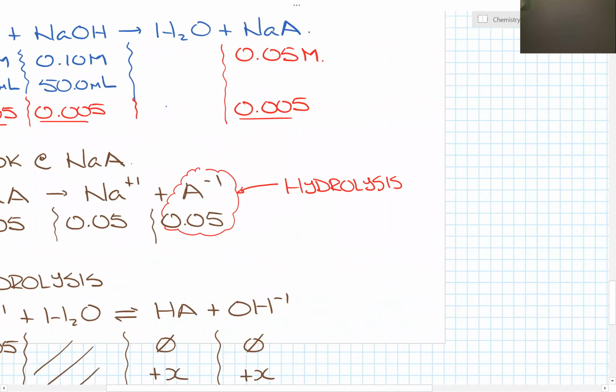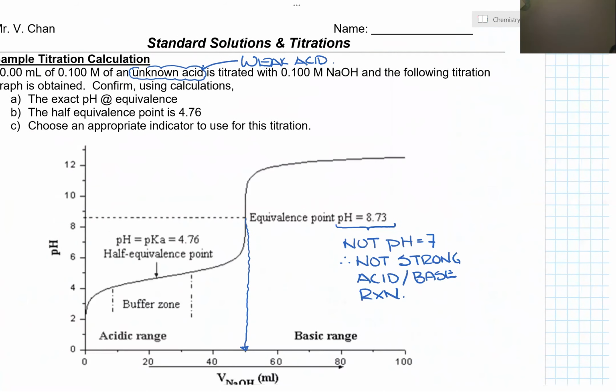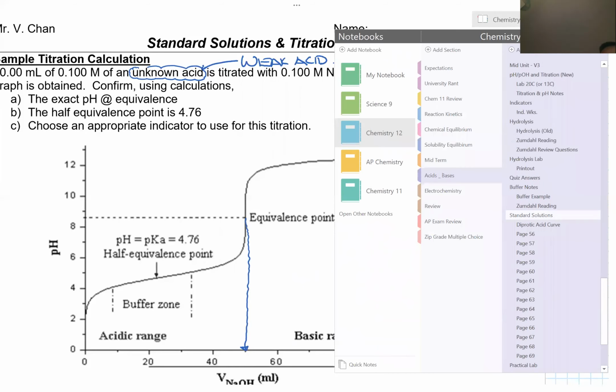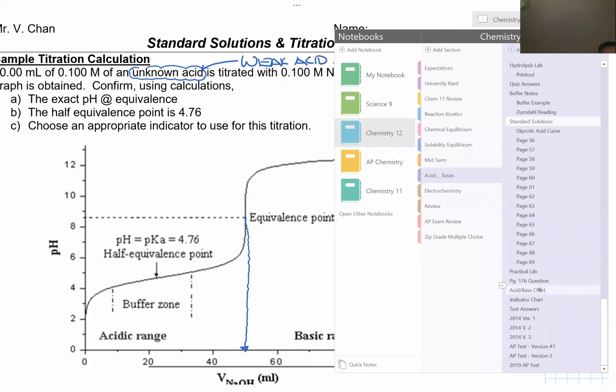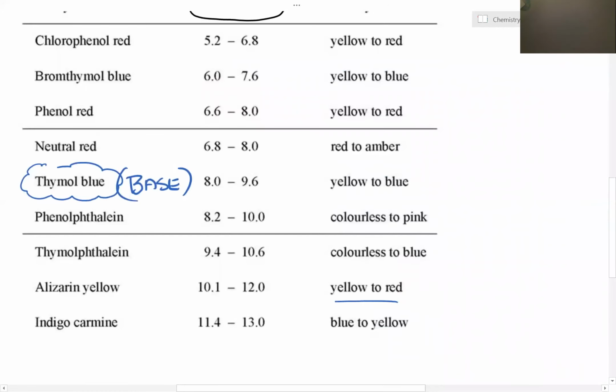Okay, now one thing I want to talk about is this. Let me jump to C. What is an appropriate indicator for this titration? What you want to do is take a look at your acid-base charts, your indicator, and you want one that falls within that range of about 8.76.